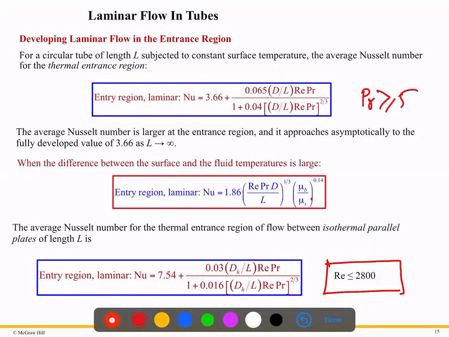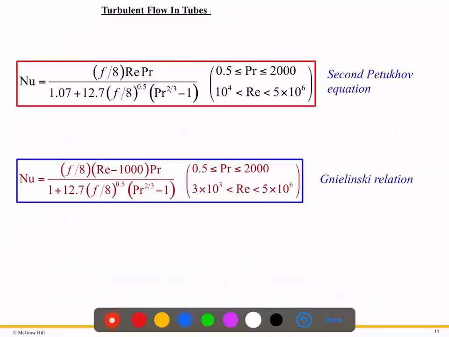We'll use these conditions when the Prandtl number is 0.62 less than or equal to 5. So here are the conditions. We'll discuss it more when we solve the problems. That's it, and I believe this is a very easy concept, especially for laminar flow.